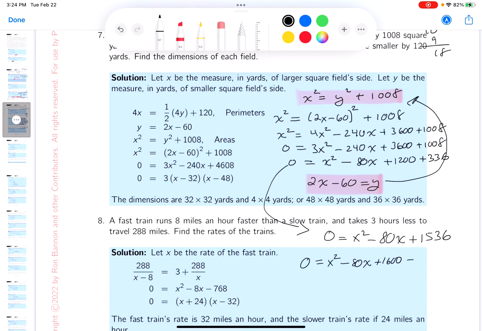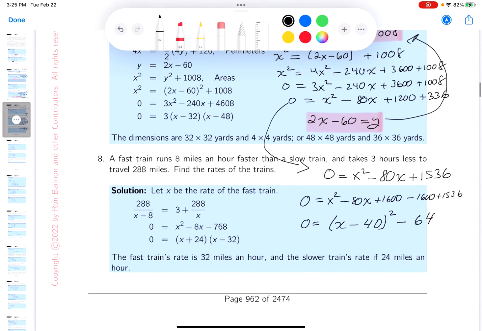Now I have to take 1,600 and subtract 1,536. That's a tough one, isn't it? So what do you get over here? You get x minus 40 squared minus 64.